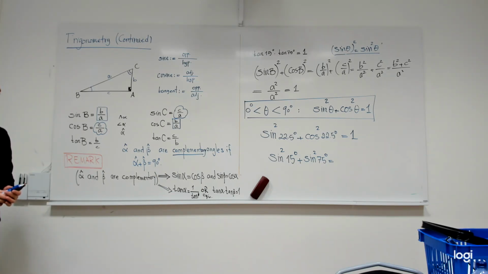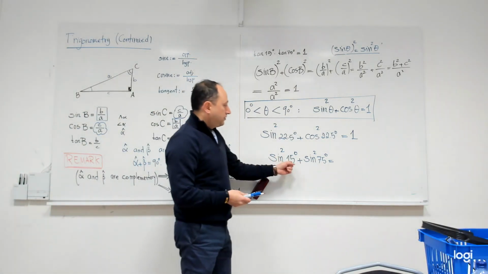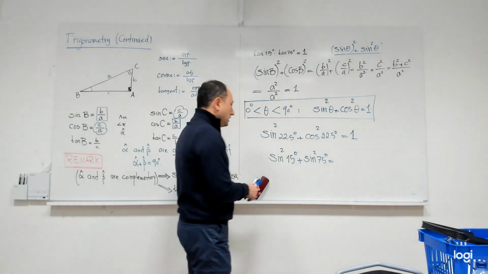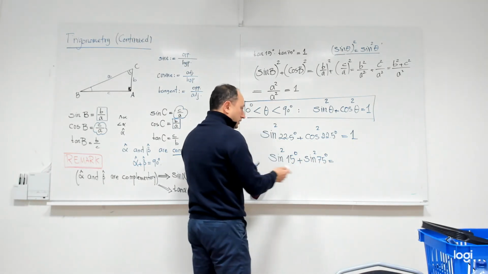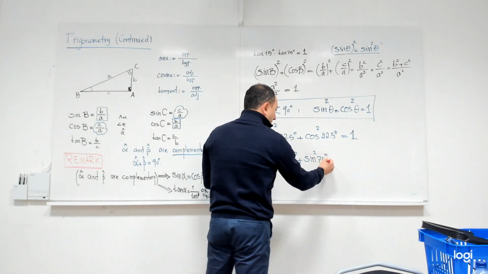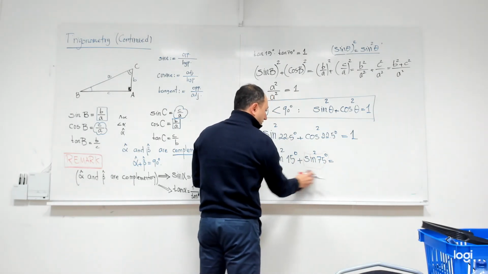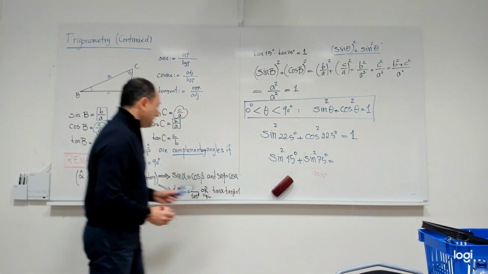Exactly, 15 degrees and 75 degrees are complementary. So instead of having sine 75, I can write cosine 15 instead. This is the content of this remark.